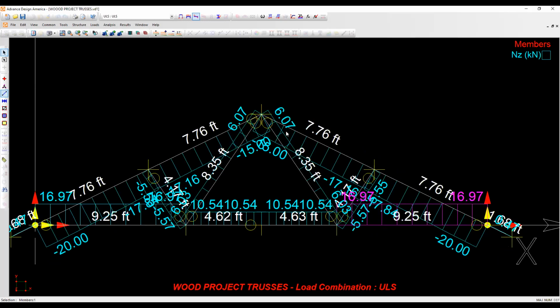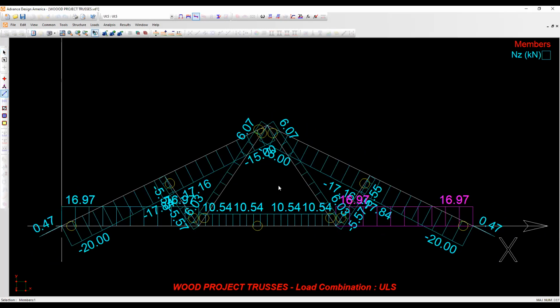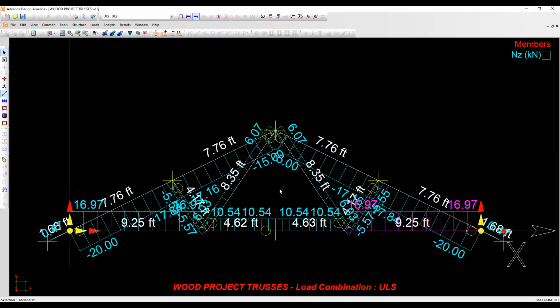So guys, can I ask you a question? Look, if this is the order of magnitude that you have for the axial force here, this is your TF force, right? This is your TF for this one.